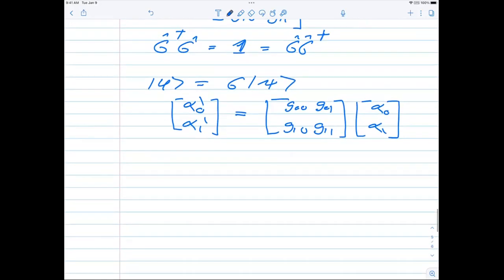So when we now look at these different states, alpha 0 prime is simply given by G00 times alpha 0 plus G01 times alpha 1. And similarly, I have alpha 1 prime, which is equal to G10 multiplied with alpha 0 plus G11 multiplied with alpha 1.